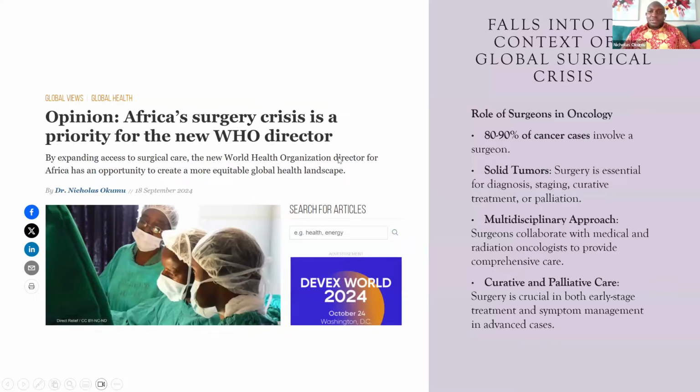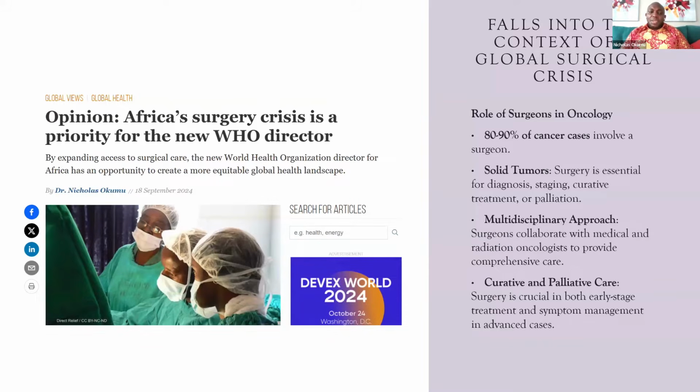And if we were to look at oncology specifically, 80 to 90% of cancer cases involve a surgeon. And especially when you look at solid tumors, surgery is almost always essential for diagnosis, staging, curative treatment, or palliation. But overall, taking care of an oncology patient is a multidisciplinary approach.